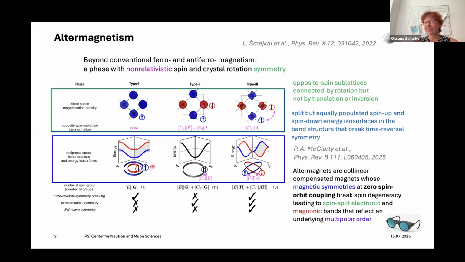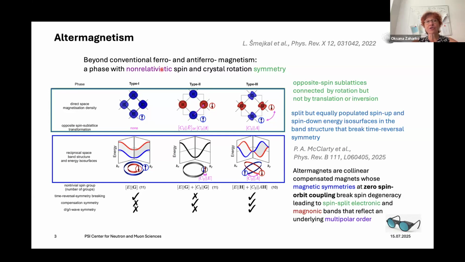So definitions. I think we had great lectures of Jairo and of Libor, and I really enjoy their definition of altermagnetism, which for me as an experimentalist sounds this way, correct me if I'm wrong. This is actually a theoretical concept and it is related to a symmetry. It is a symmetry concept when we don't have spin-orbit coupling.